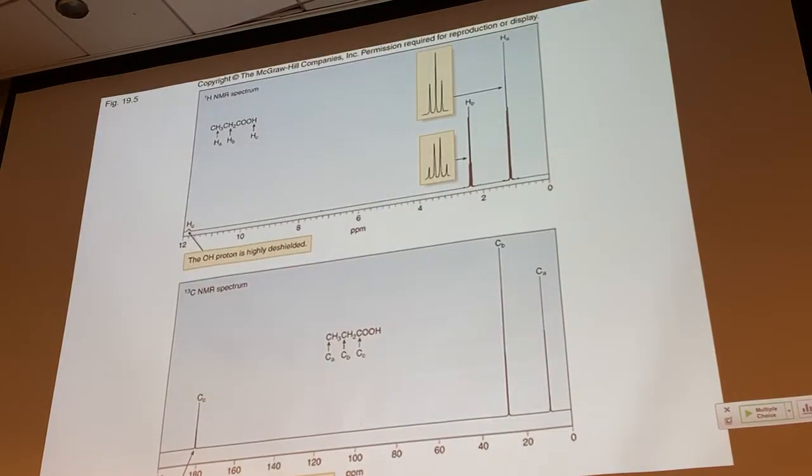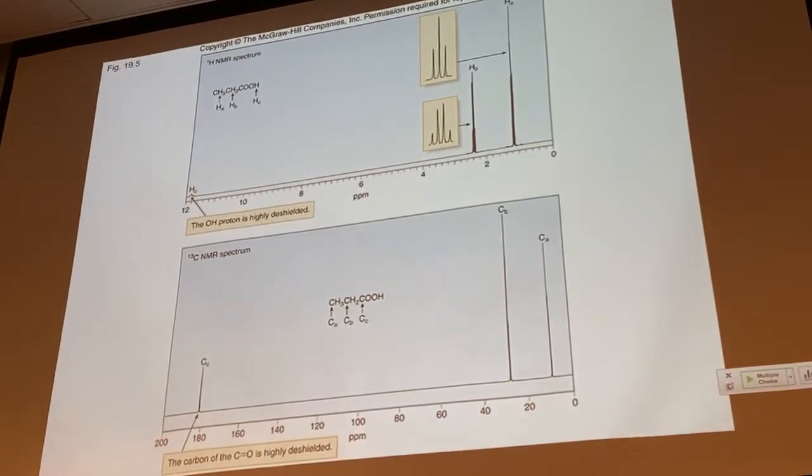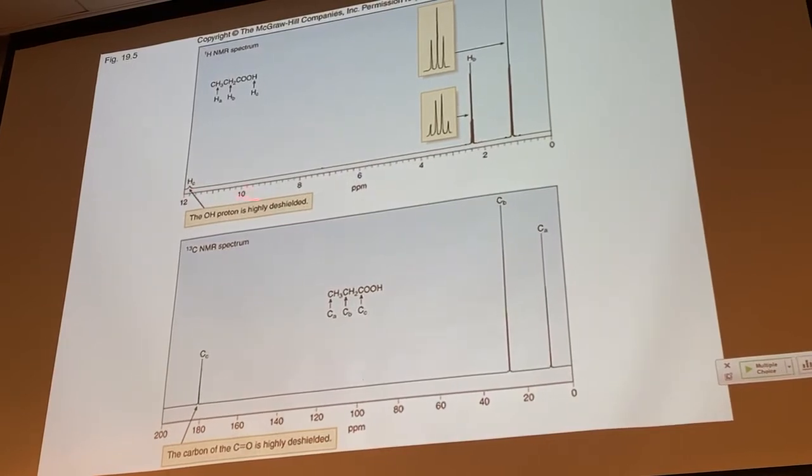First feature we see in the proton NMR of this one, propanoic acid, is the OH proton is highly deshielded. It shows up between 10 and 12 ppm, the highest chemical shift of any proton in proton NMR. Why? Why is the proton of an OH group so strongly deshielded?